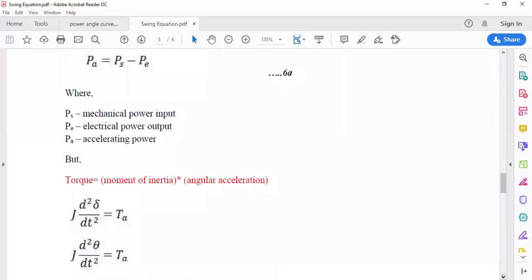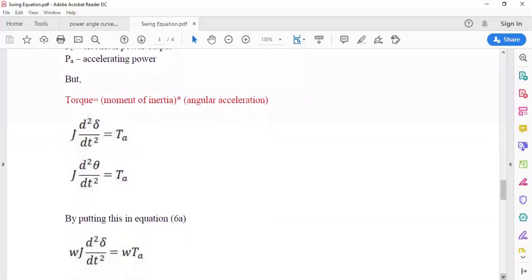But again there is another thing. Moment of inertia into angular acceleration will give you torque. So that torque, and our moment of inertia was J, and angular acceleration is alpha. This is d square delta dt square, and this is equal to, already we know this one. So J into this is equal to Ta. Now you do one thing, you multiply this with omega. So what will we get?